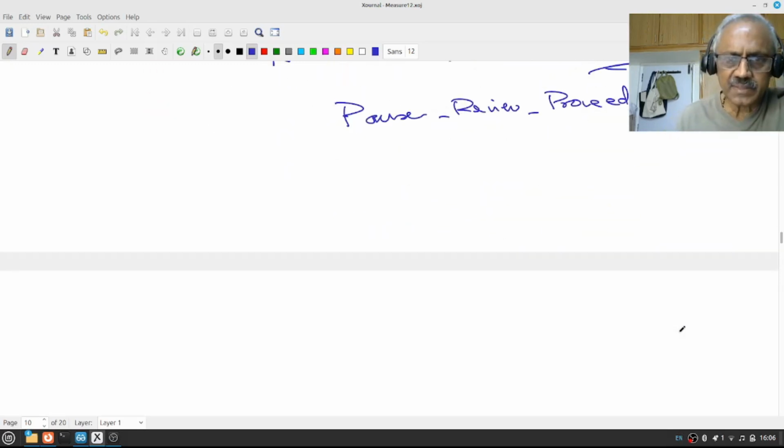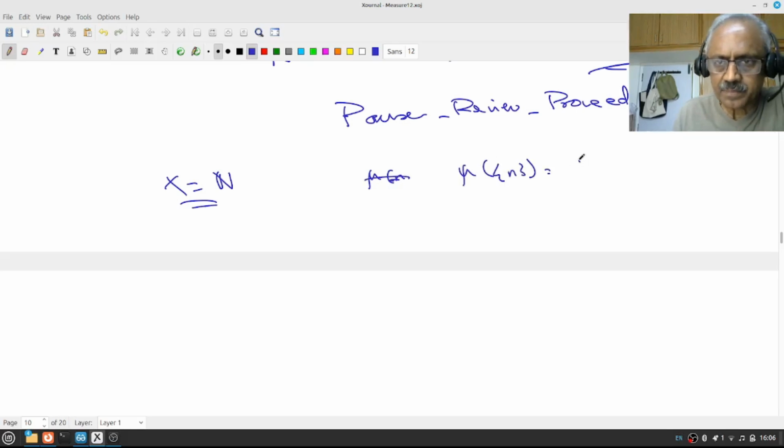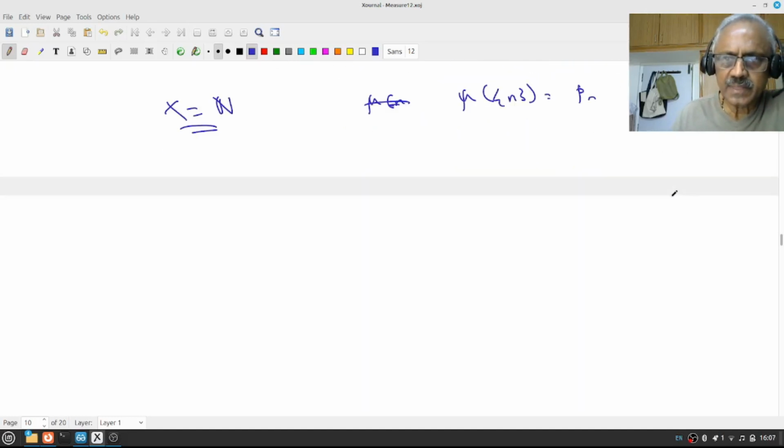But a more interesting thing is when I take X equal to N, the natural numbers, and suppose mu of the singleton {n} is some p_n, a positive number. Then this mu defines a measure.